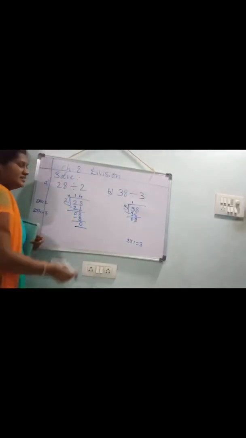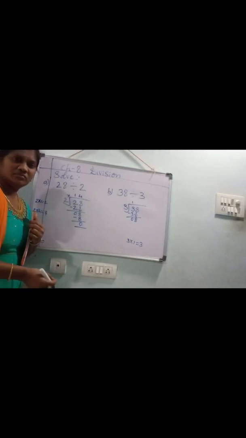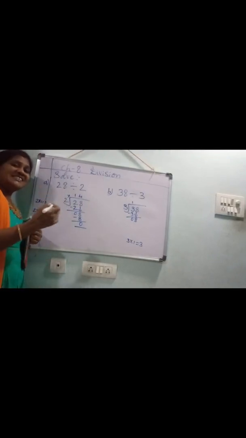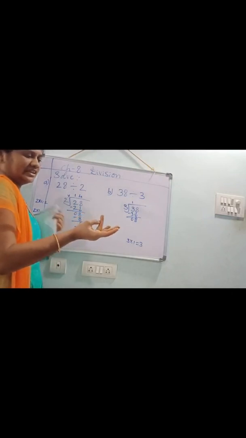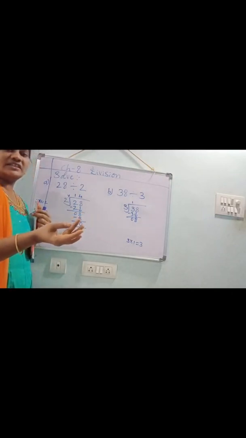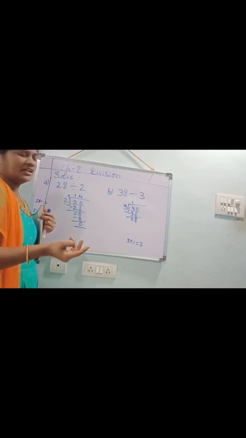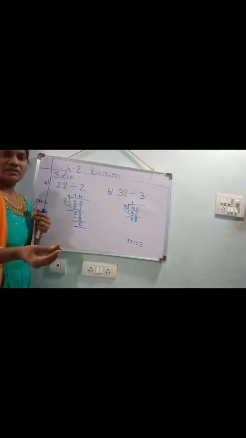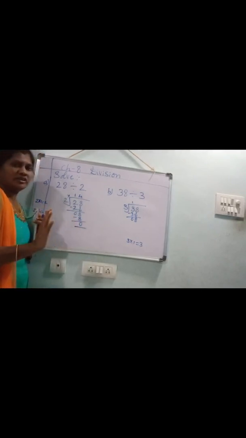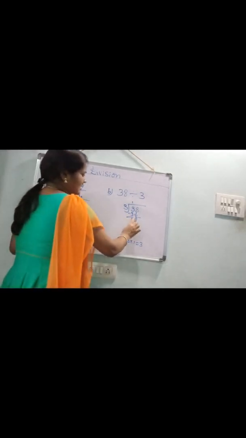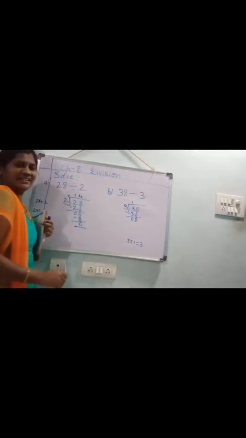In the 3 table, will 8 come? No, but a smaller number will come. See, 3 ones are 3, 3 twos are 6, 3 threes are 9. Is 9 a big number or a smaller number? 9 is the larger number, but you shouldn't write 9 because 8 is less than 9.